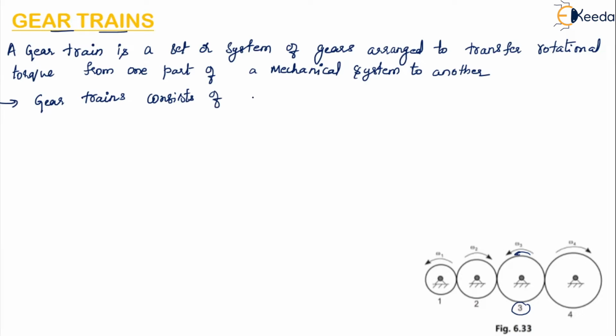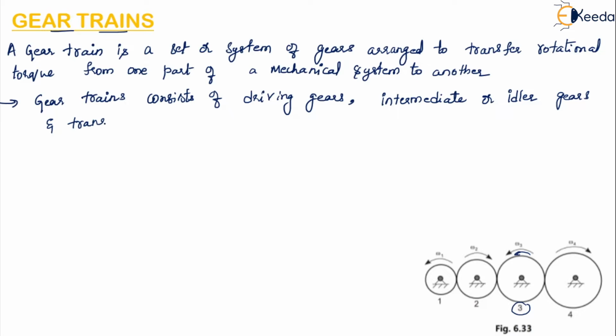Driving gears are the ones which drive the system, then intermediate gears come in between two gears, or idler gears which are just present there, that is, they are idle gears; they do not do any function but yet they are required, and transfer gears.